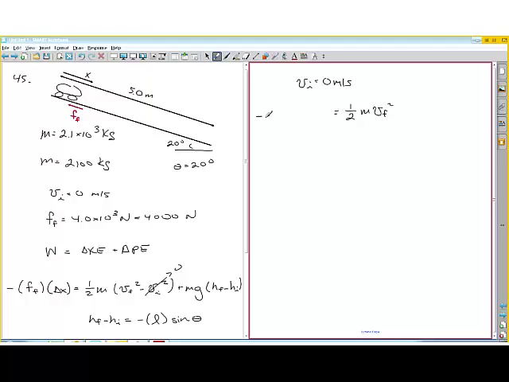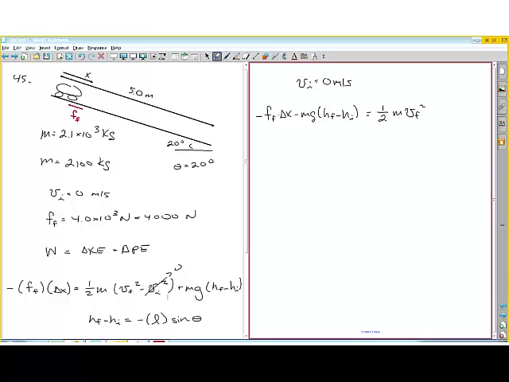We have negative friction force times delta x. And then we have a negative sign here because when we move it to the left-hand side, it becomes negative. So we have negative mg times h final minus h initial.